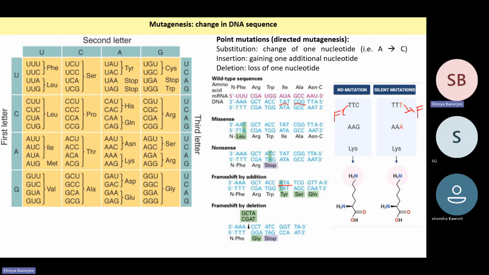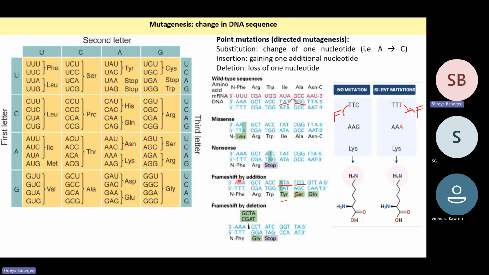It becomes ATT. This T is now moved here, so it becomes TCG, and so on. So the amino acids also become different. Instead of isoleucine, alanine, asparagine, it becomes tyrosine, serine, glutamine, because the entire codon is moved by one nucleotide, and so the codons code for different amino acids.